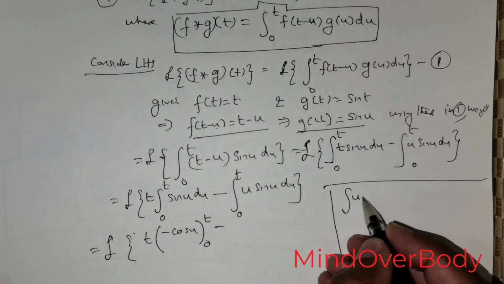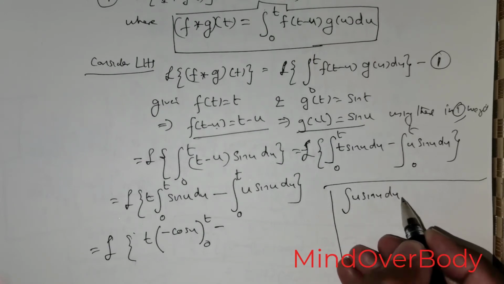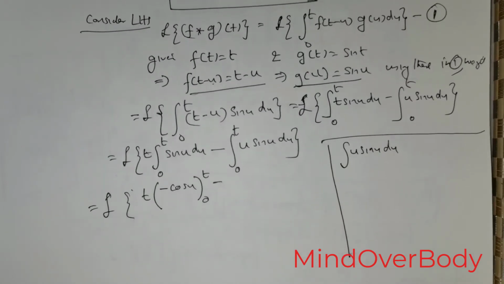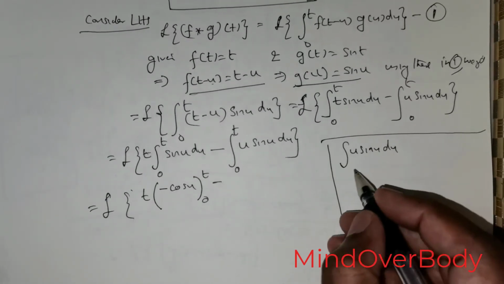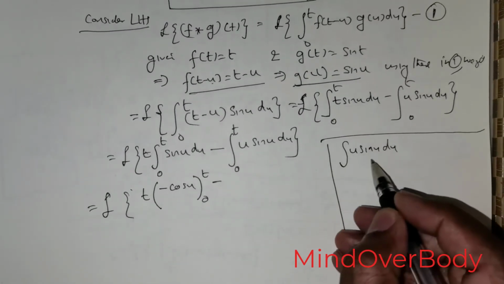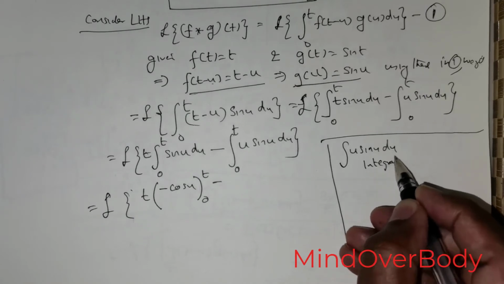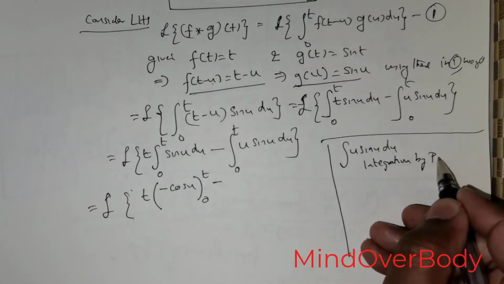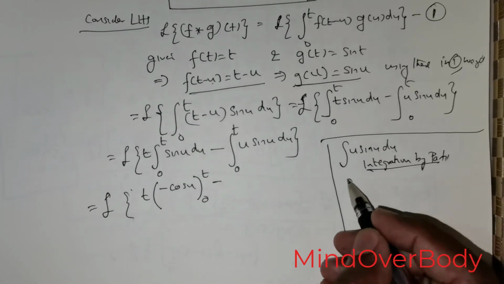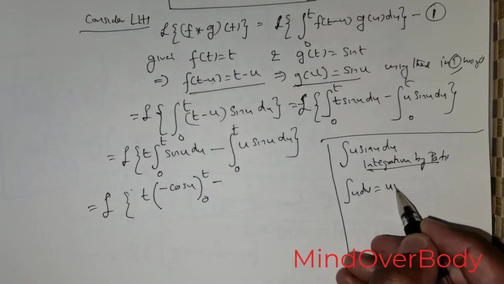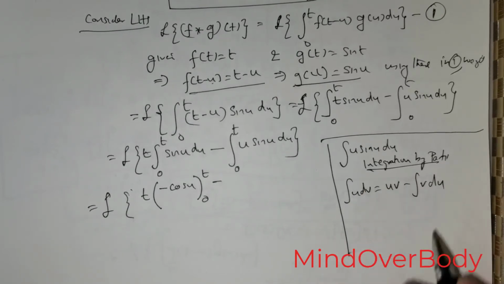So this is the integral of u times sine u du. Now what we will do is take the integration by parts rule. According to integration by parts, the integral of u dv is equal to uv minus the integral of v du.